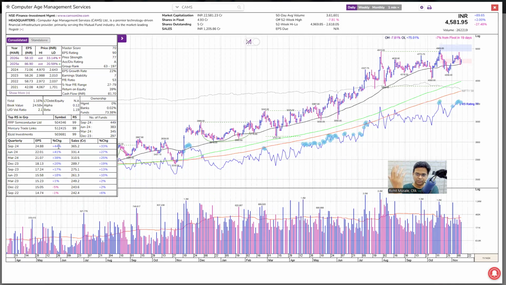This is what I expect from a stock. In the recent 3 quarters, there should be growth, and not just growth, but accelerating growth. Okay. So if this was 38, 22, 12, that is decelerating growth. The growth is still there, but it is decelerating. I prefer accelerating growth, at least for the past 3 quarters.